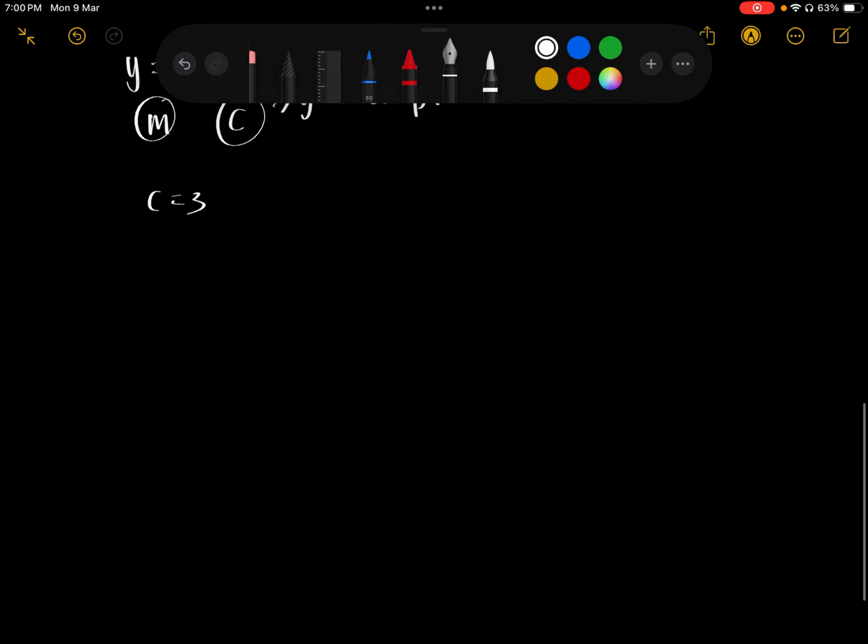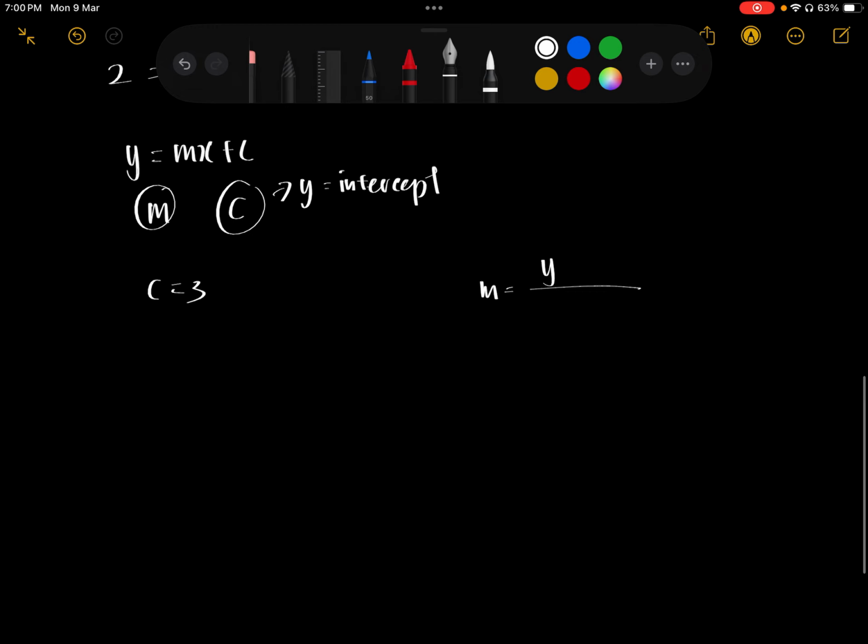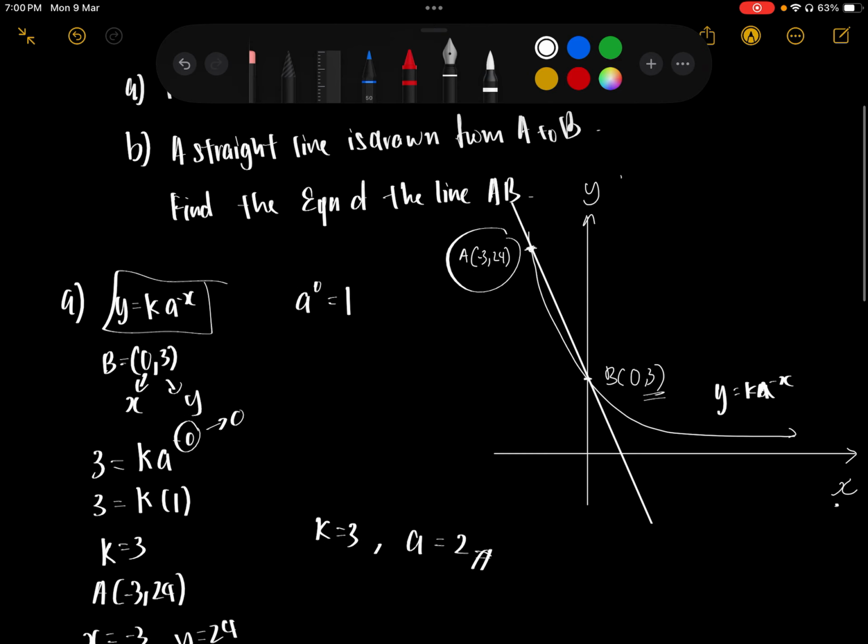And your m is your gradient. Now, if you have forgotten how to find gradient, this is how you find it: y2 minus y1 over x2 minus x1. So who is your y2? Usually, the point towards the right will be your second set of coordinates, and the point towards your left would be your first coordinates.